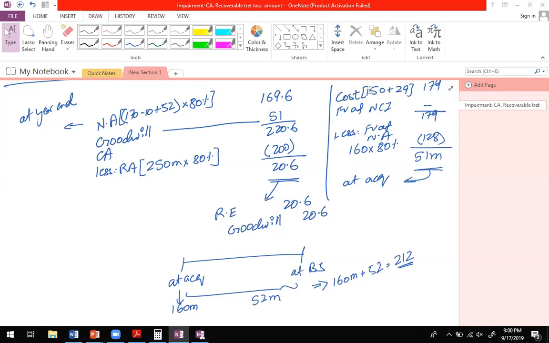So this is a complete working that needs to be shown in the exam. And if I'm writing the answer, I'm going to copy this and paste this over here. So this is how we are supposed to give the answer in the exam.